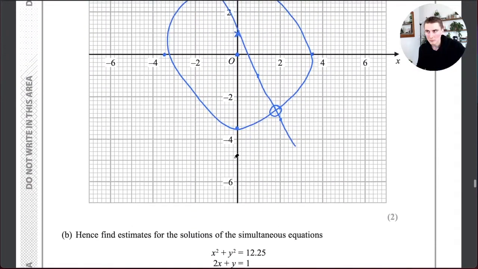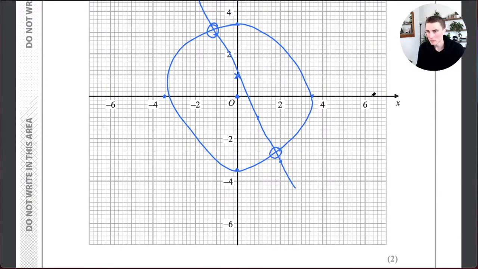So if we look at this one over here, to me it seems to be about 1.8 on the x, and if you go across to here, it's maybe minus 2.6.